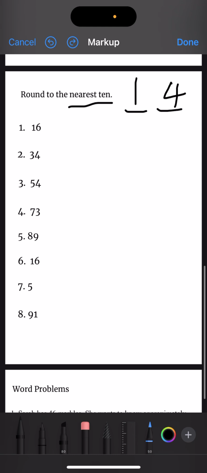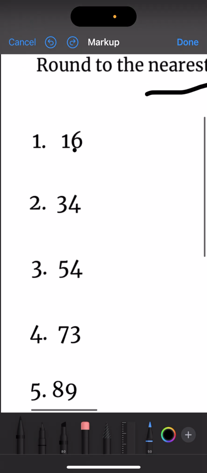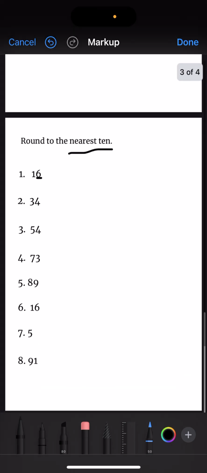So this number would become 10. Number 1, we have 16. This is the 1 spot. Oh, I forgot to mention that if a number is greater than or equal to 5, you round up, but if it's less than 5, you round down.